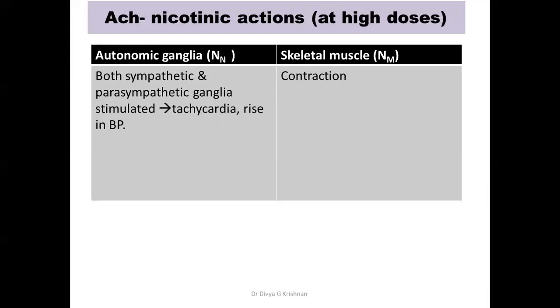So this is one important point that you have to remember. High doses of acetylcholine given after blocking muscarinic receptors with atropine will lead to tachycardia and rise in BP. Otherwise, at low doses, acetylcholine will cause a fall in BP as well as bradycardia. Okay, so I hope that is clear to all of you.